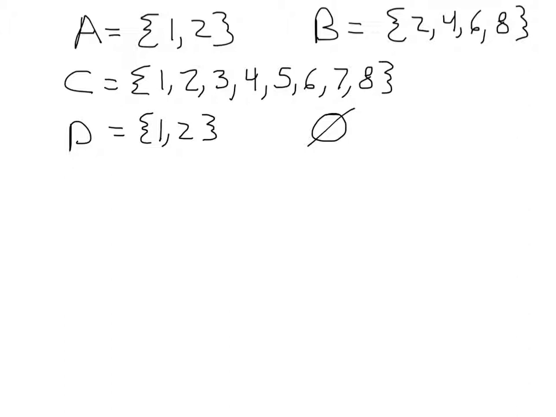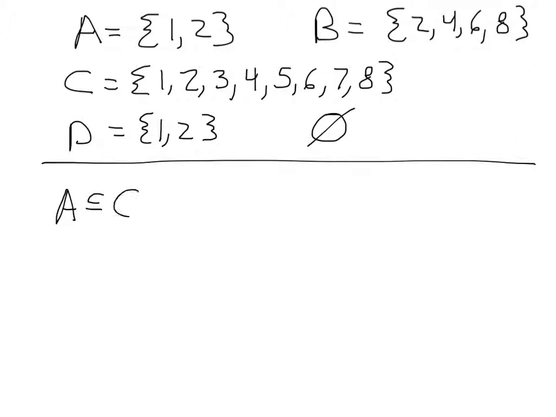It should be clear that if I look at A and C, A is a subset of C. All of the elements of A are in C. And we see that B is a subset of C as well.